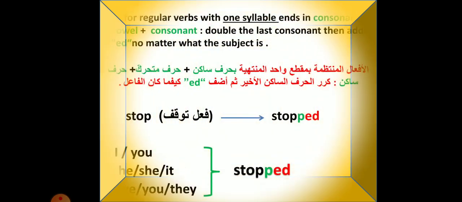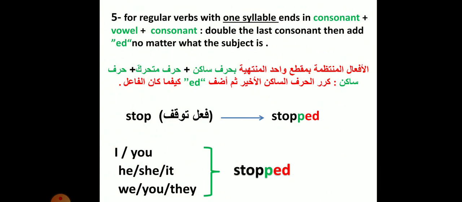The fifth spelling rule is for regular verbs with one syllable ending in consonant plus vowel plus consonant.